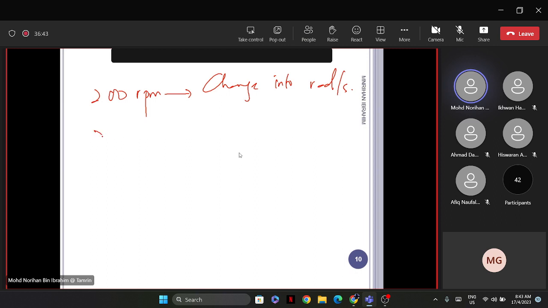So 200 RPM is equal to 200 multiplied by 2 pi over 60. So what is it? Try to calculate.